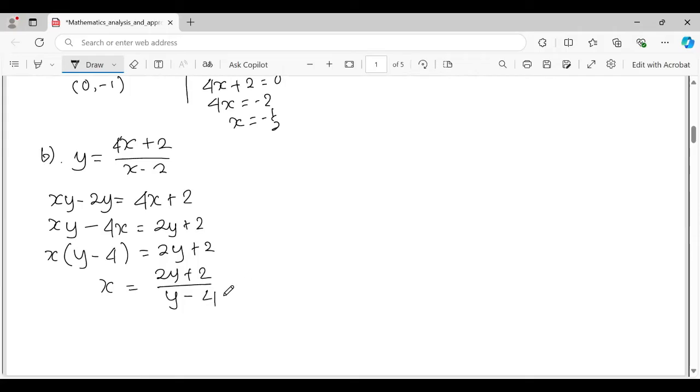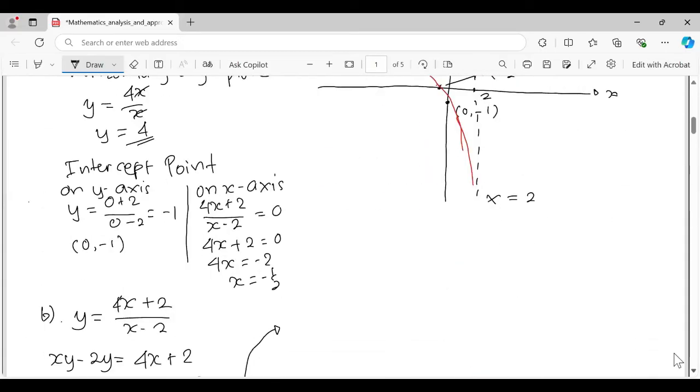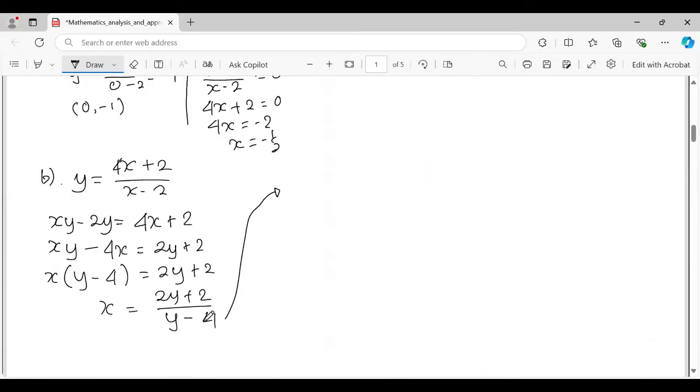Now, the important step is we can determine the range of f through the denominator, through this denominator y minus 4.